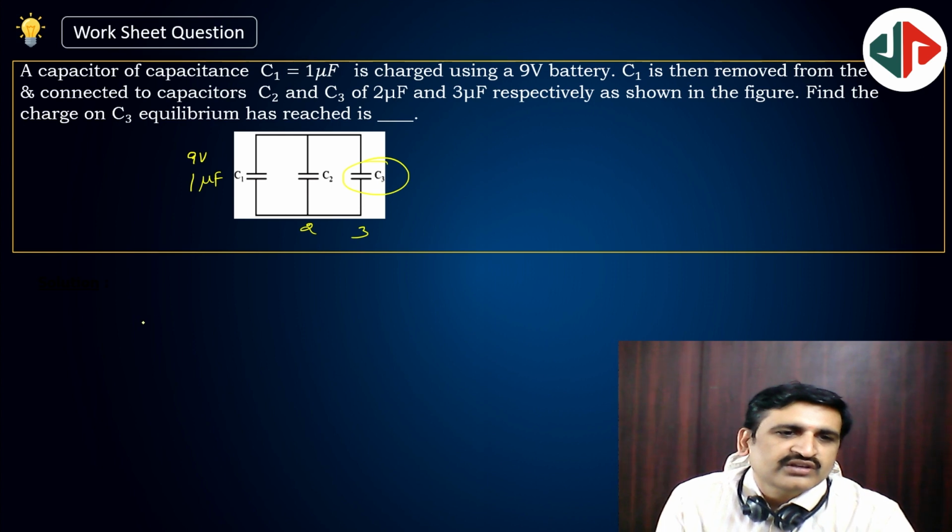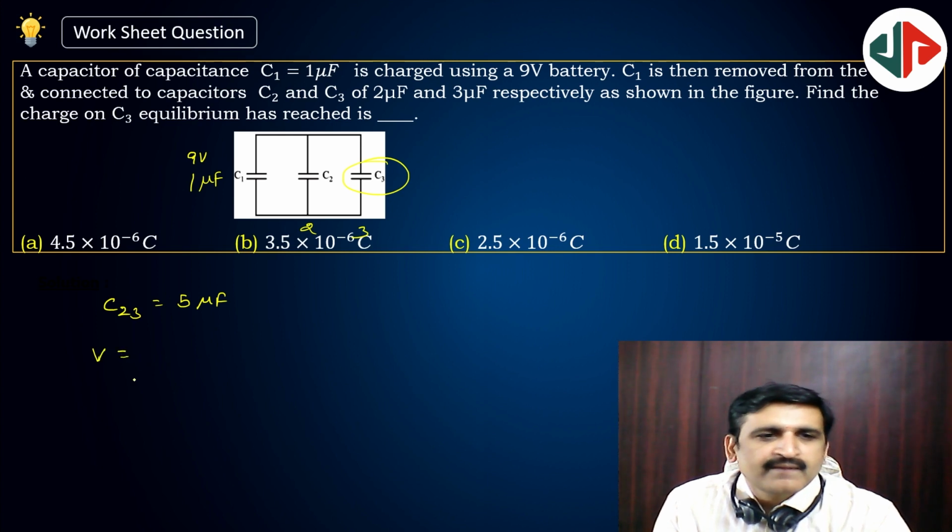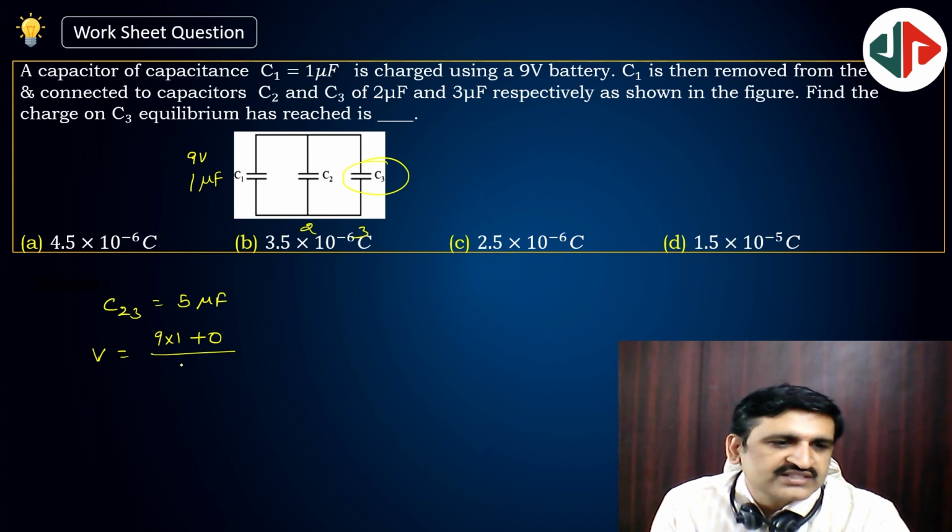Their effective capacity will be 2 and 3 in parallel, so C23 is equal to 5 microfarad, and common potential V is equal to C1 V1, 9 into 1, plus C2 V2 by C1 plus C2. C1 plus C2 is 5 plus 1 is 6.